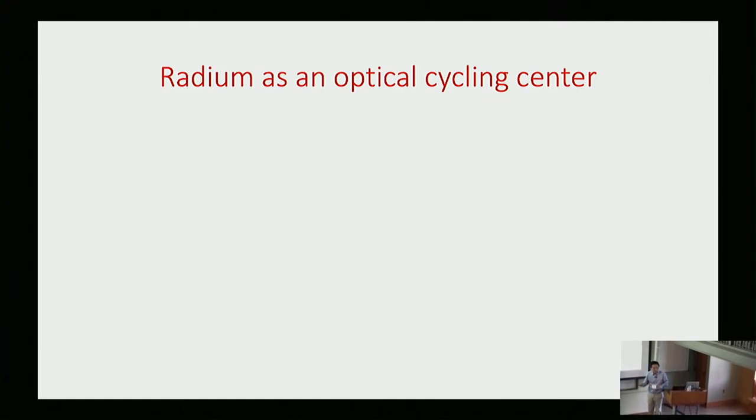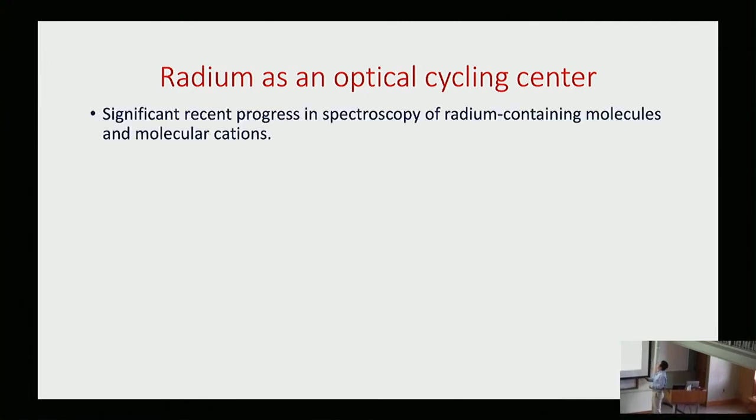I am a relativistic quantum chemist by training, so going to heavy elements is the way to go. It is not that favorable for laser cooling because it is very heavy, but it has good sensitivity for beyond standard model physics. That is a good thing.